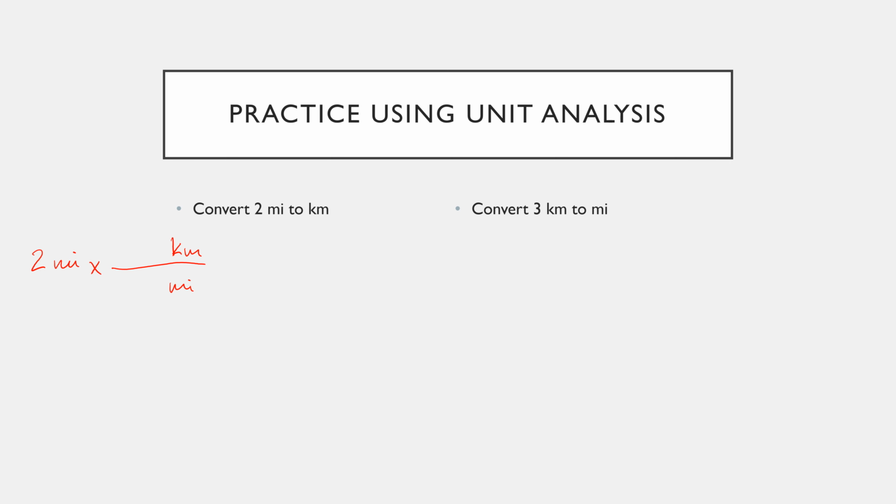So we have two options here. We can either say that 1 mile is equal to 1.60934 kilometers, or we can say that 1 kilometer is equal to 0.621371 miles. Either way, we will get the same answer because we're either multiplying by a big number or dividing by a little number, which is going to result in the same answer.